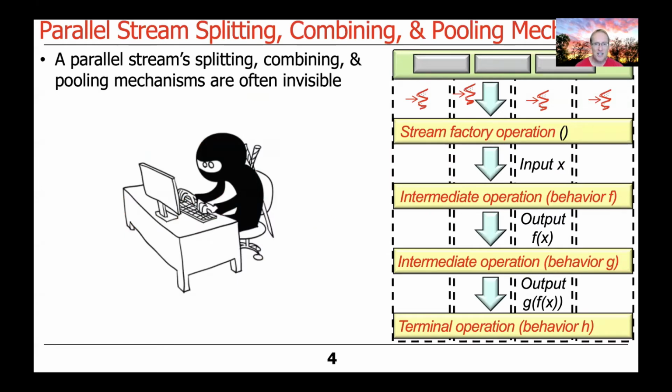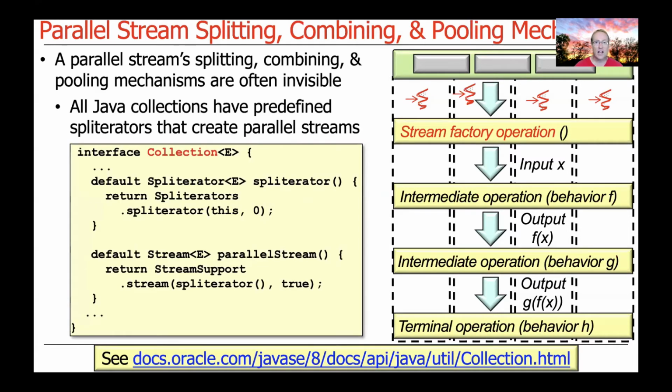Now, just as is the case with sequential streams, the splitting, combining, and pooling mechanisms of parallel streams are often invisible. What that means is that you can take what you get out of the box and it works perfectly well. As we've seen before, Java collections have predefined splitterators that can be used in conjunction with some other stuff to create parallel streams.